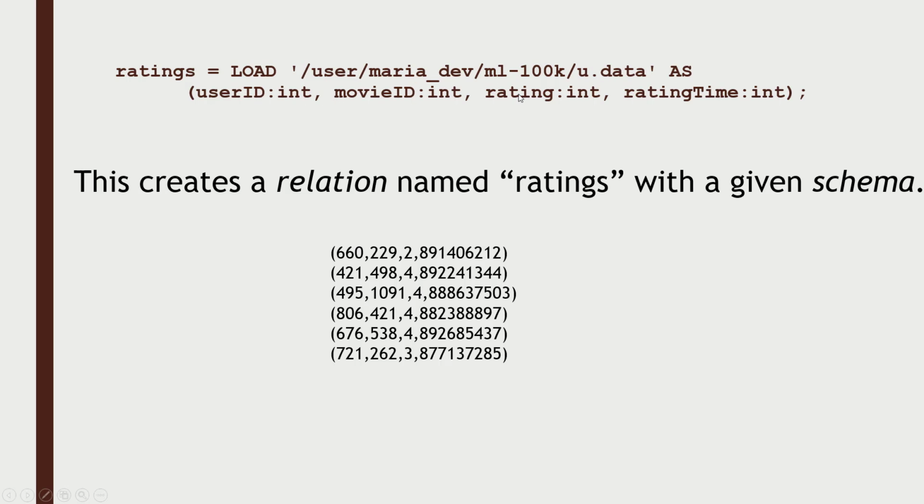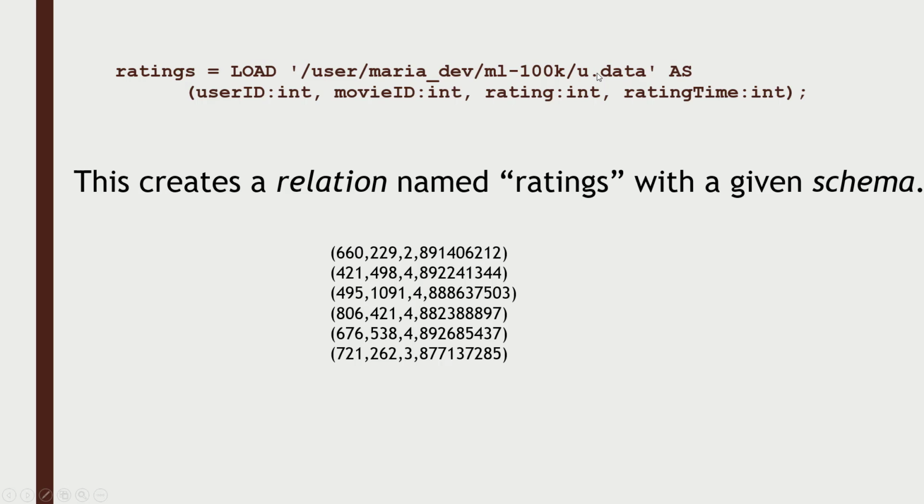So another difference between Pig and a relational database is that the actual schema is applied when you read the data in. It doesn't have any sort of inherent structure or schema or types associated with it. So we can just load in plain old text data like we're doing here and use AS to actually assign names and types to each individual field. Now u.data is tab delimited, and that's just what Pig expects by default, so that's cool.